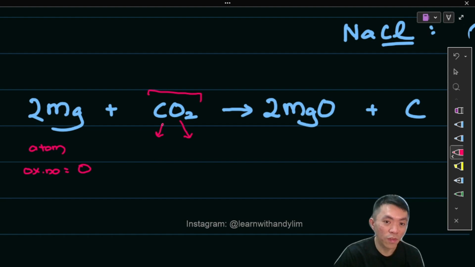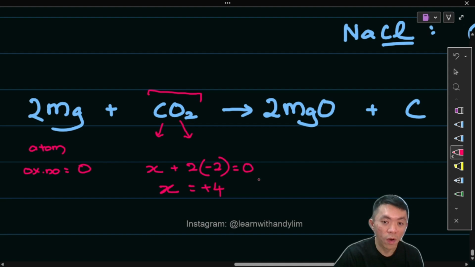Let's say I want to find the oxidation number of carbon, I'm going to assign it as X. Most of the time, oxygen will have an oxidation number of -2. Since I have 2 oxygen atoms, I'm going to put 2 in front, times -2, equals 0. So when I find my X, I get +4. Turns out, carbon has an oxidation number of +4.